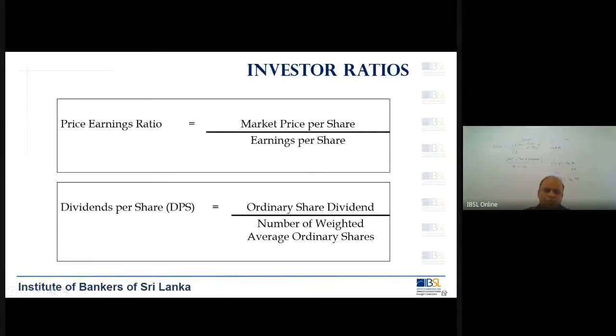So your dividend per share will be the ordinary share dividend divided by the number of shares. Again, you will get something in terms of rupees. Nowadays, if you look at companies, they pay 2 rupees, 3 rupees, maybe a maximum of 7 or 8 rupees. So the dividend paid per share today is somewhere in that range.